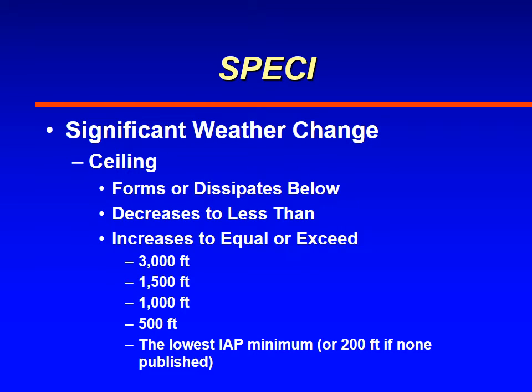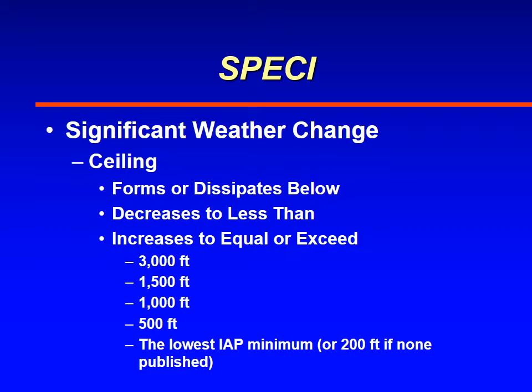And those numbers are a little bit tricky to remember: 3,000, 1,500, 1,000, 500, and the lowest instrument approach procedure minimum for that airport. Typically, if it has an instrument approach procedure that has an ILS, an instrument landing system, then that will be 200 feet.